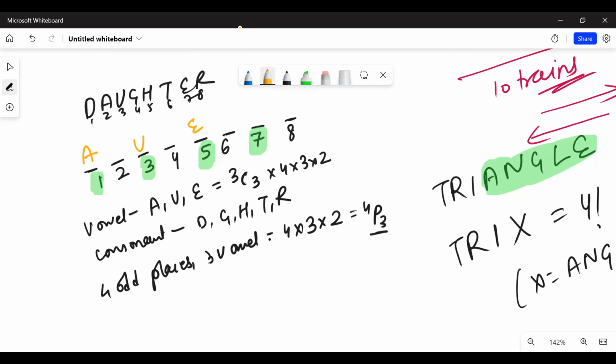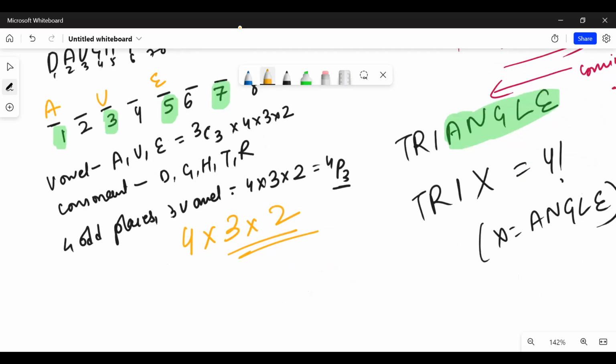The first vowel can choose any of 4 places, the second vowel any of 3 places, the third vowel any of 2 places. Any doubt, anyone? Till here, anyone have any doubt? No, sir. Okay.